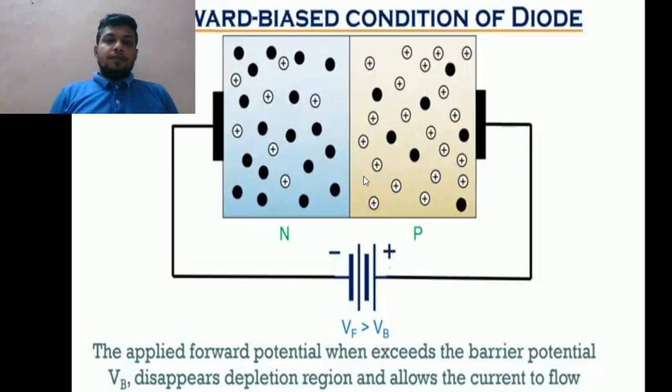When the applied potential exceeds the barrier potential, the depletion layer disappears and the current flows through the diode. Here we can see that this voltage is greater than the barrier voltage, so the depletion region or the PN junction region has disappeared.